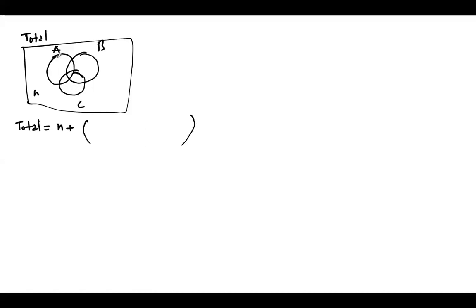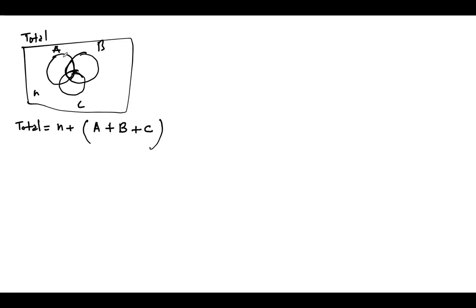When I'm saying at least one, I'm talking about what's inside the circle. So how will I say what's inside the circle with respect to this? If I'm saying A, I'm including this whole A. Then B, this whole B. Then C, this whole C. But in doing so, how many times have I calculated this region? 2 times.